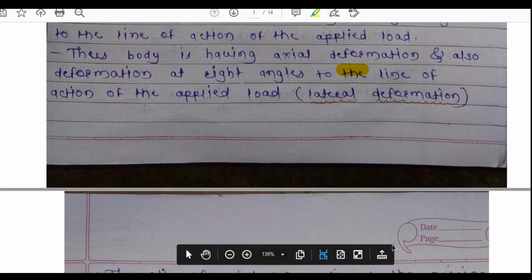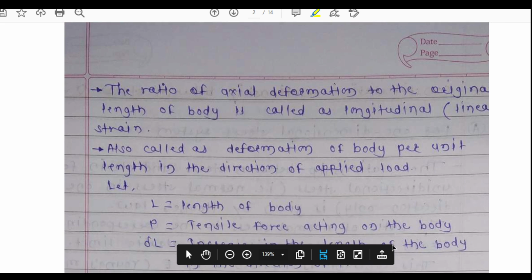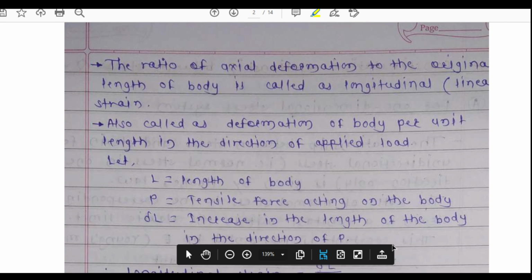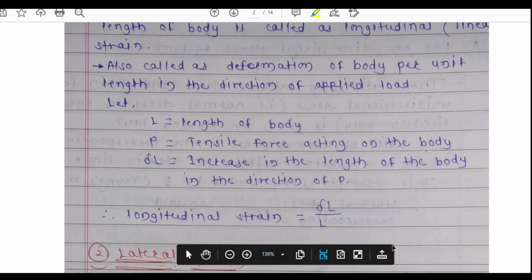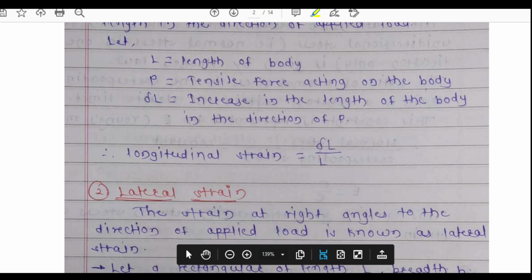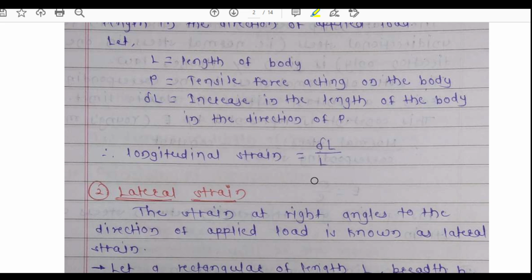Now next thing is how to write this longitudinal strain. Longitudinal strain can be written as delta L upon L. Strain is nothing but, as you have already studied, change in dimension upon original dimension. But here, in longitudinal strain only your length changes, and the ratio of change in length divided by your original length is nothing but longitudinal strain.